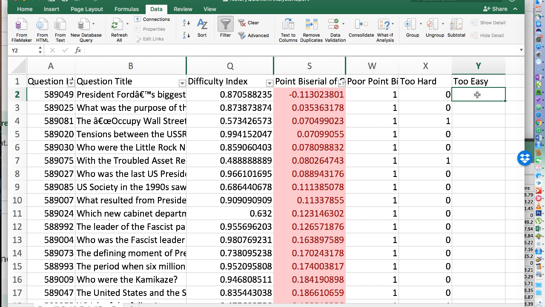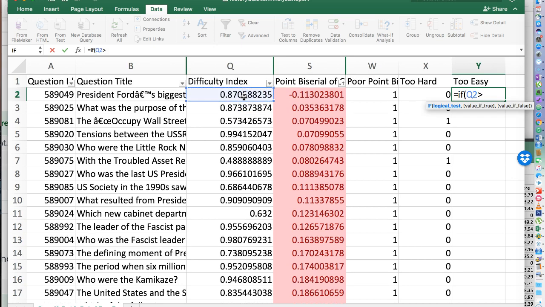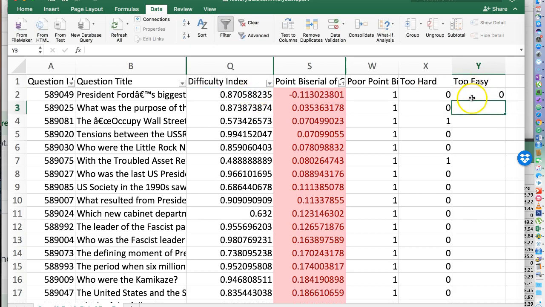Let's just say more than 90%. But again, that's really arbitrary. You may just want to take a look and change that number up and down. So if this number is greater than 90, then it's too easy.